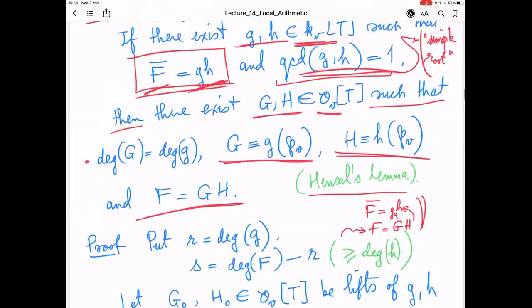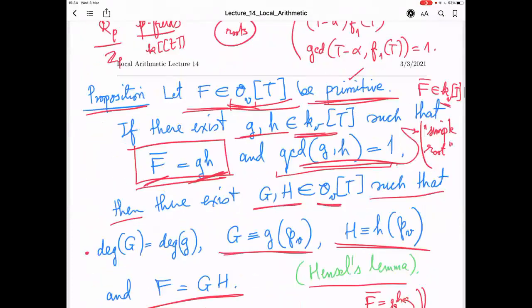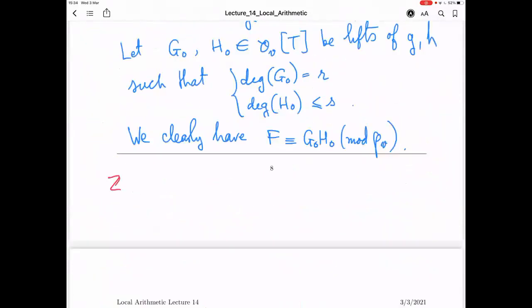For example, ZP is a huge ring in some sense, but FP is a small field. We can factor polynomials in FP[T] more easily than in ZP[T].